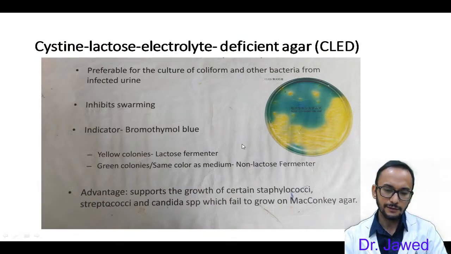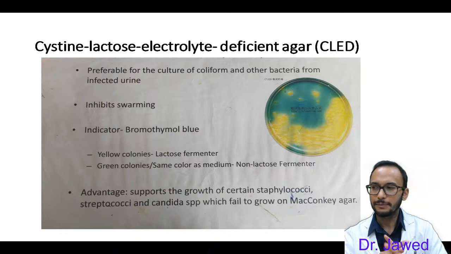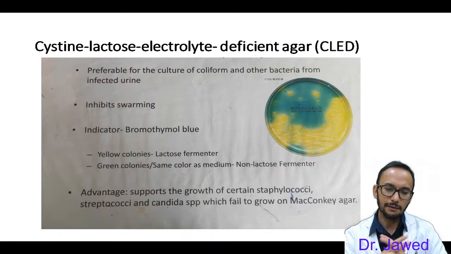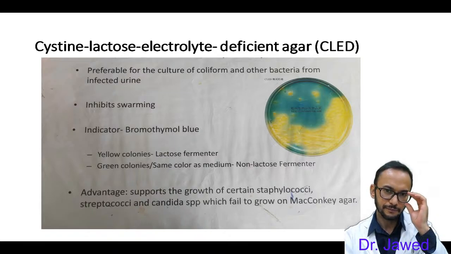Now another differential media is CLED, that is cysteine lactose electrolyte deficient agar. This is mainly used for urine samples. As the name says, it consists of cysteine and lactose and is electrolyte deficient.